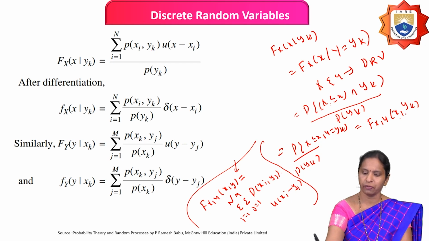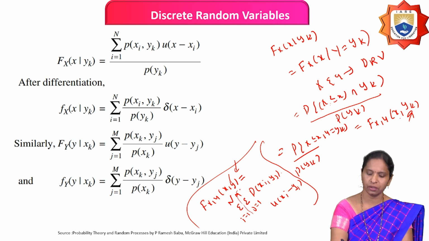But what about Y here? Here Y can take any value, but in our case Y takes a single, specific value yk. So here yk is constant. Therefore, this term will be constant. Then what can I write down here?